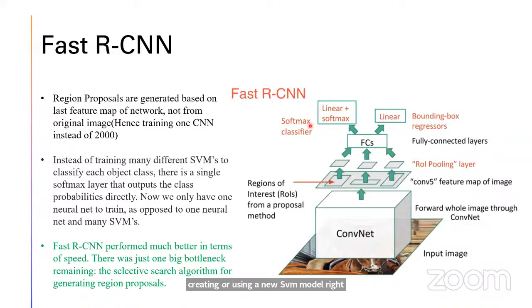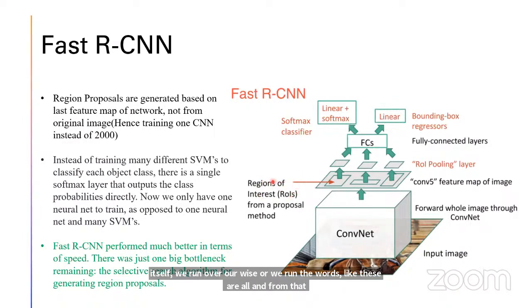So here, if you see the structure of Fast RCNN, in RCNN, what was happening? Initially, we were getting the ROIs by selective search, but here in Fast RCNN, first of all, we run a convolutional neural network to get the feature maps, and on that last feature map itself, we run our selective search, and from that we get our regions of interest.